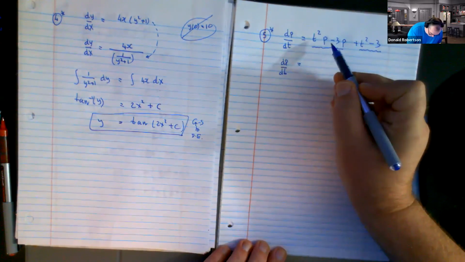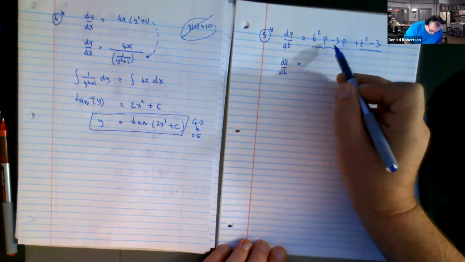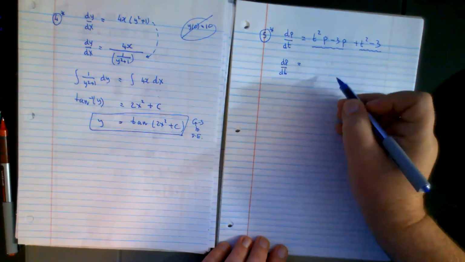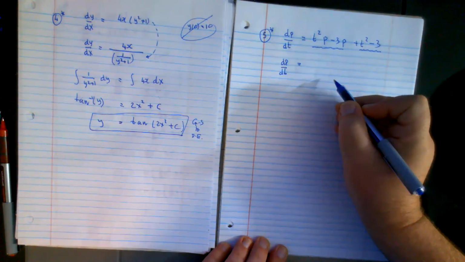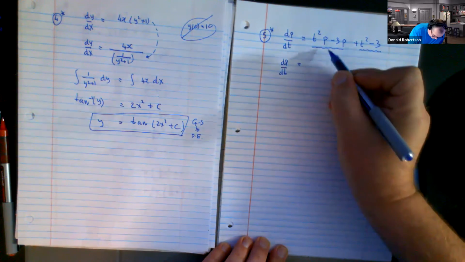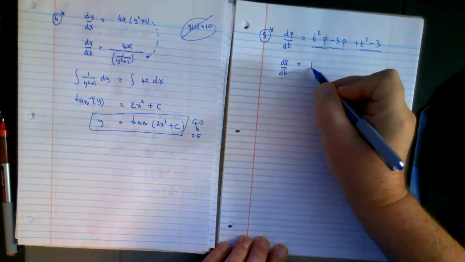T squared p take away 3p. What is it going to be? Like t to the 1/2 p? No, nothing as weird as that. More obvious. Tp take away 3p. Do you just take out the p? Yeah.